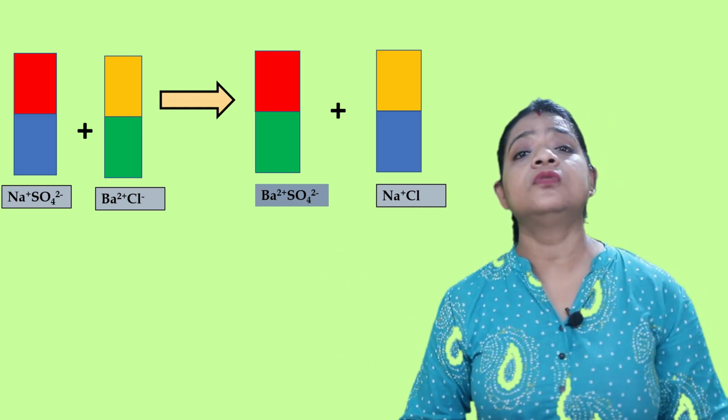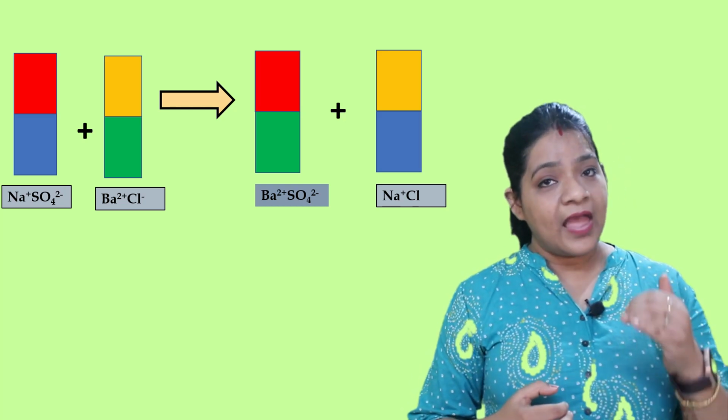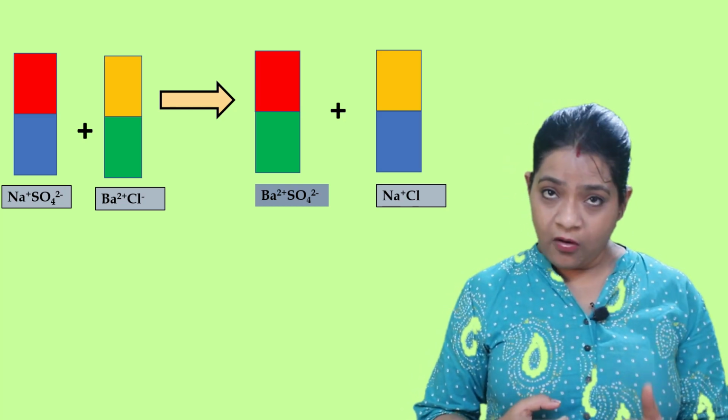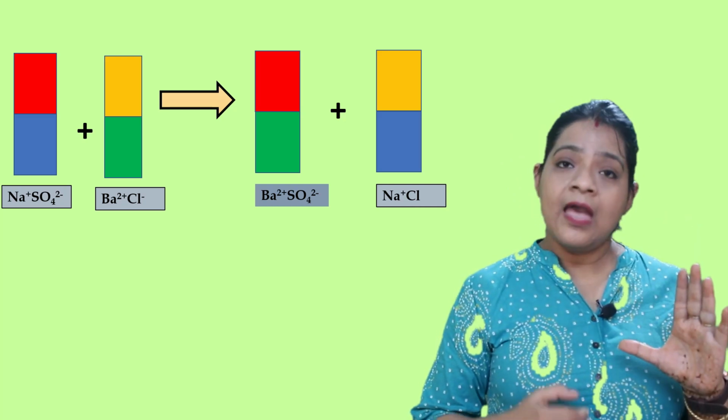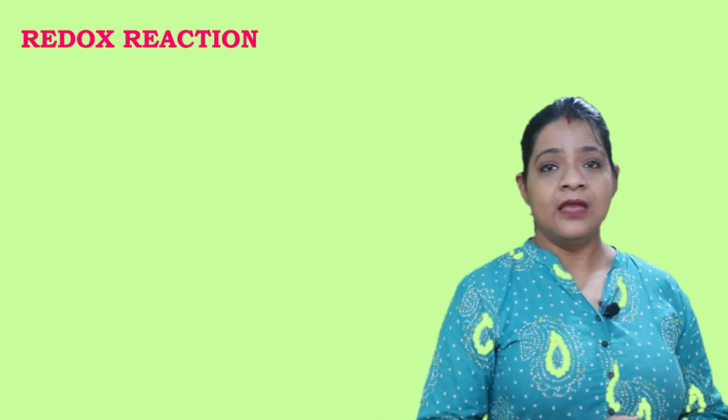Now if we look into the graphical representation, we see that Na2SO4 is one block and barium chloride is another block. So basically exchange takes place and hence it forms NaCl and BaSO4.